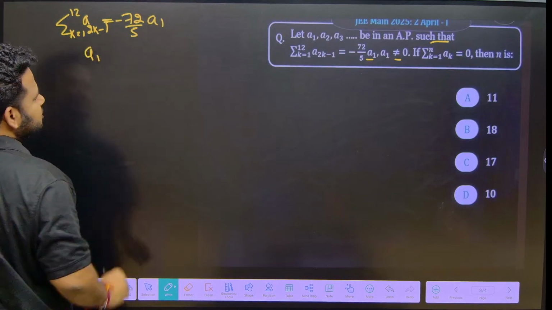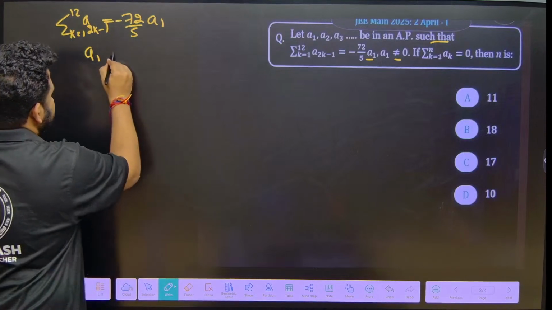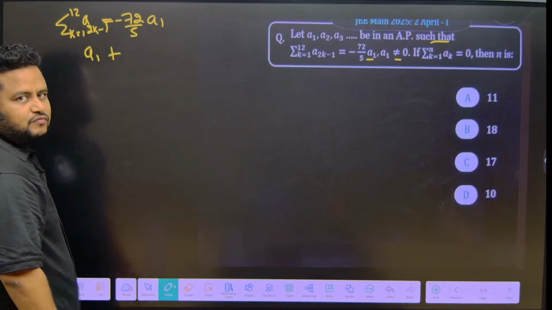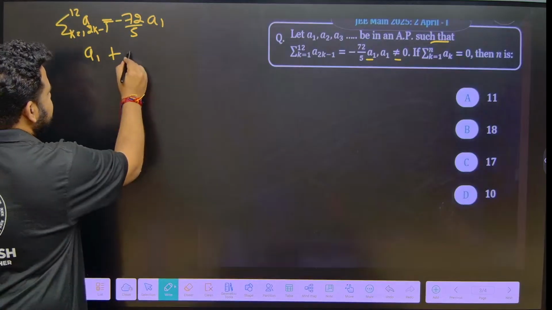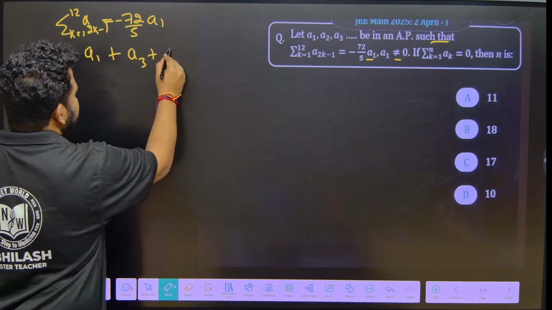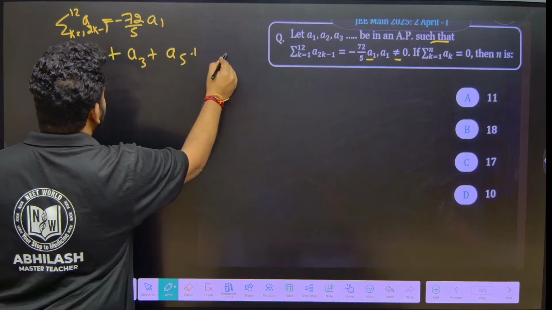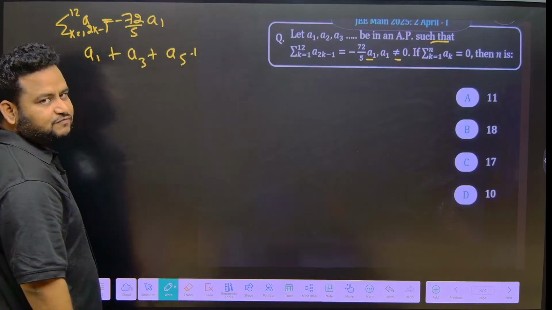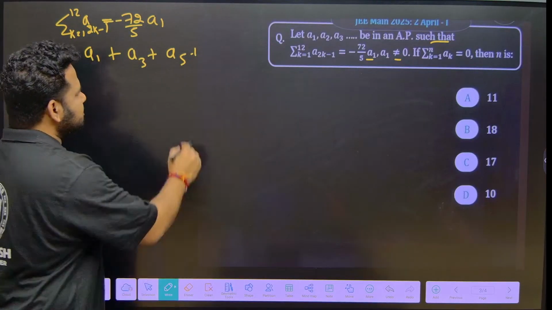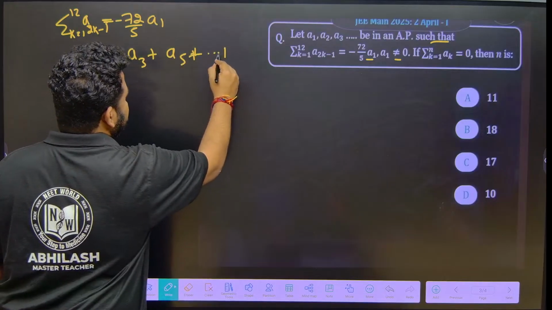If I put k is equal to 1, I will get a1 plus, if I put k is equal to 2, 4 minus 1, 3. So this will be a3, this will be a5. Similarly, if I put k is equal to 12, 12 times 2 is 24, 24 minus 1 is 23. So up till a23 I will get.